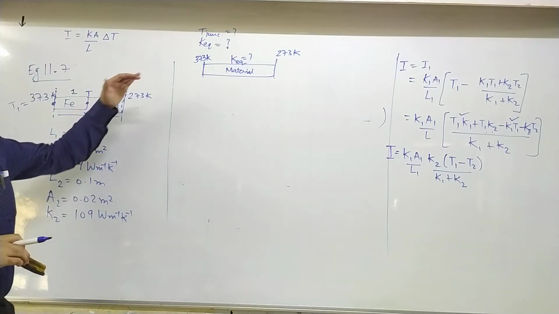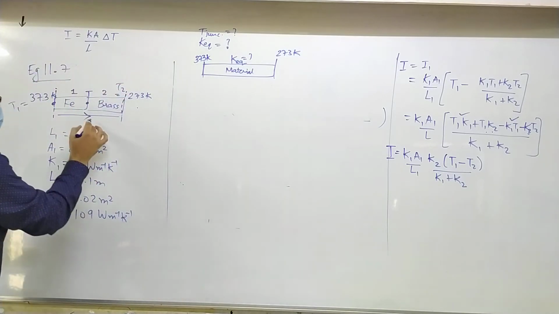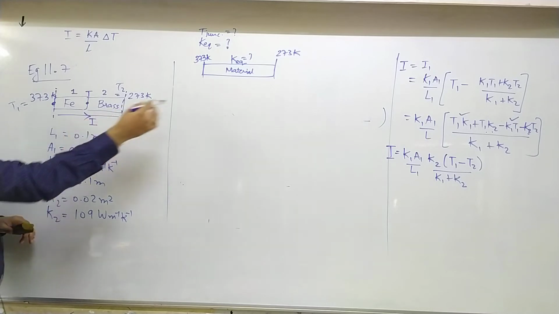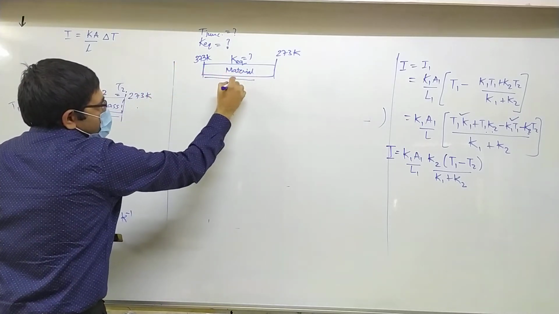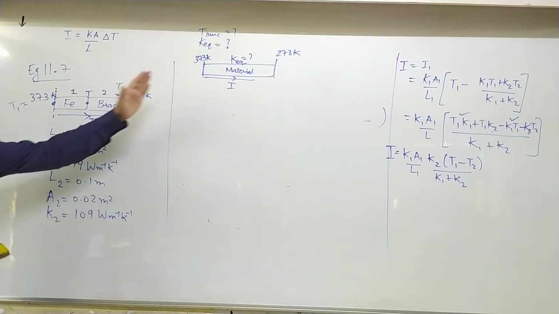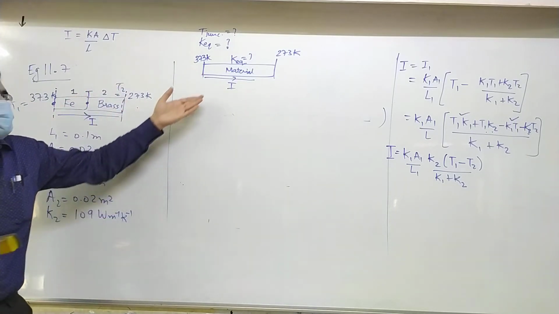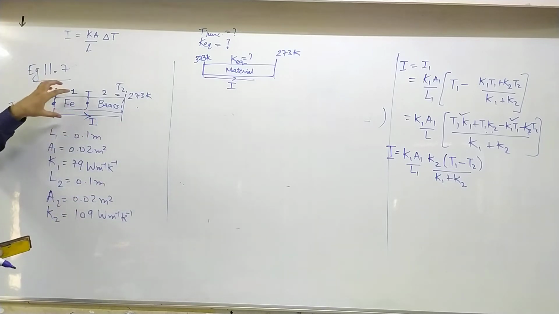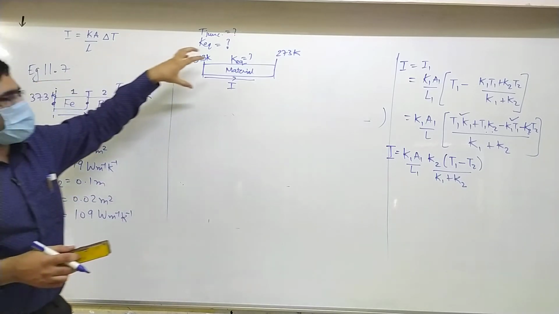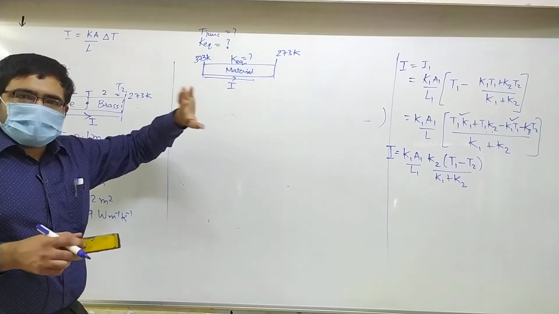Again, it should behave in such a way that the heat current here, that what we found over there, should be same as the heat current here, right? So what's the difference between these two? Well, nothing as far as flow of heat is concerned. What's the difference between this system and this system? Nothing.